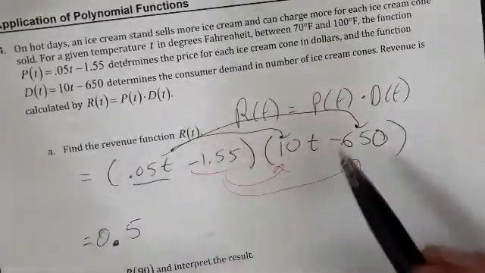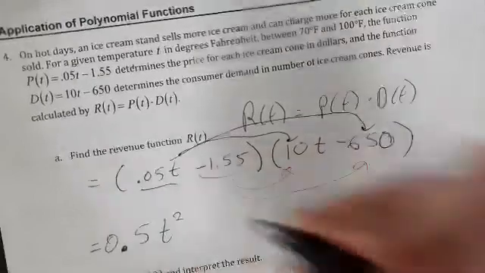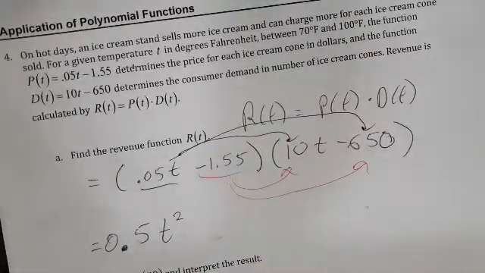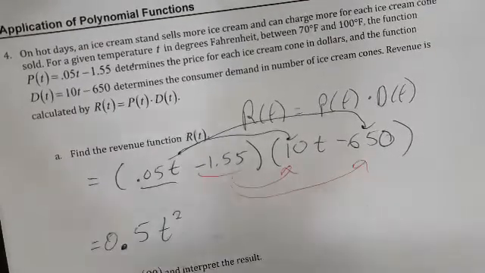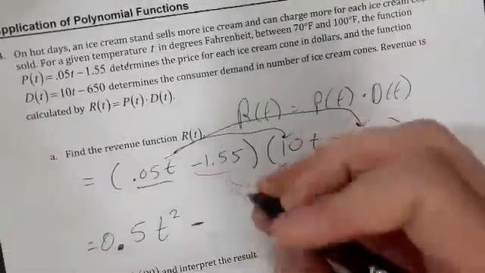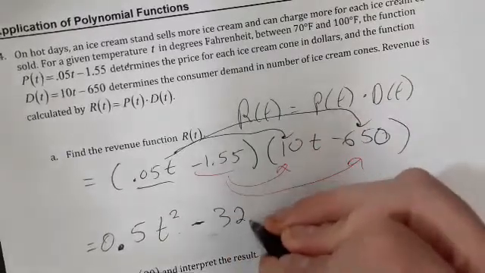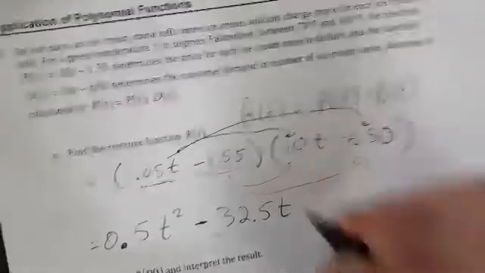And we have T times T is going to give me T squared. The next thing I have 0.05 times the minus 650 is overall going to be negative. This is going to be negative 32.5, and this thing has a T attached to it.